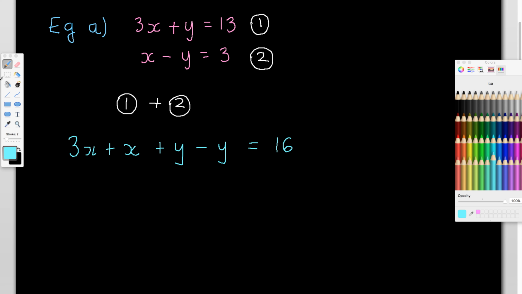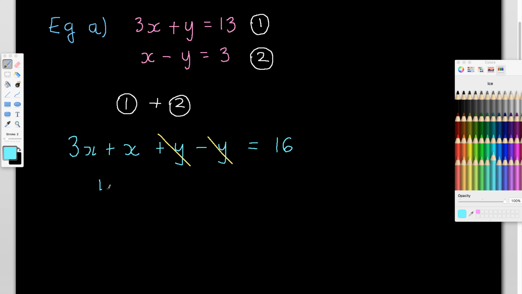Alright, so what you'll see is, the reason I did this, of course, is to try and eliminate, hence the name, the y pronumeral. And I've done that because by adding the positive y to the negative y, it does cancel it out. It becomes 0 effectively. So my next line of workings will be basically a tidy up and a solve.